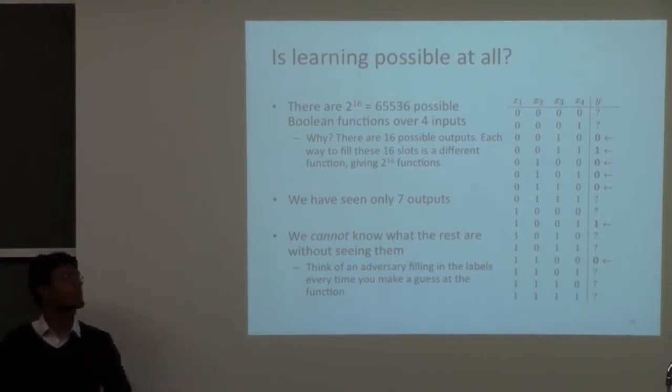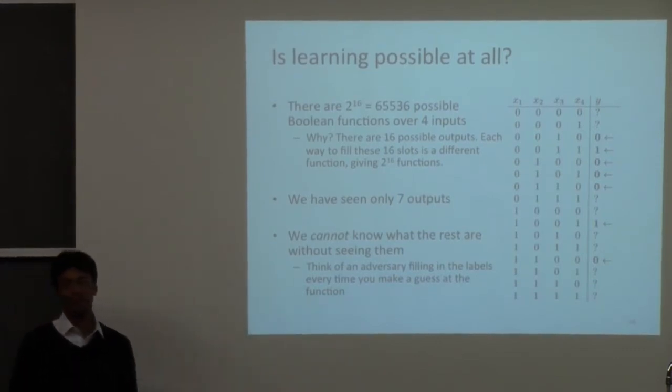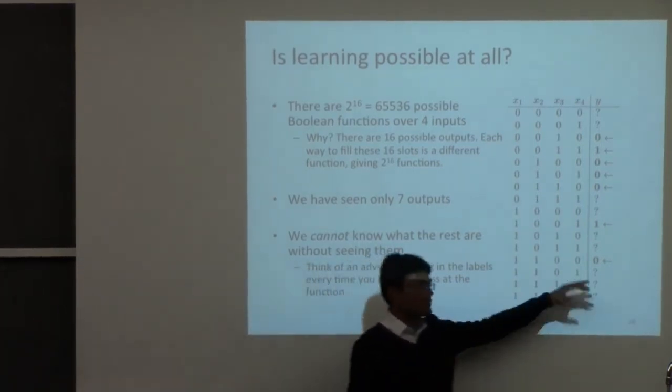And still have enough room, because there are 2 power 16 functions, to make that change. At the very end, let's say I give you 15 of these rows. You find the function that agrees with all examples, all 15 examples. And you're thinking, most of the examples, my function should be right, but there are 2 functions that agree with all examples, because there is still one more bit of uncertainty.